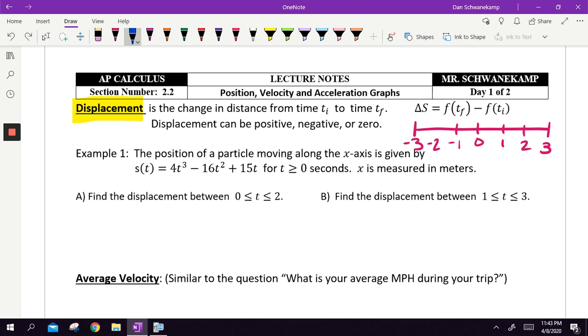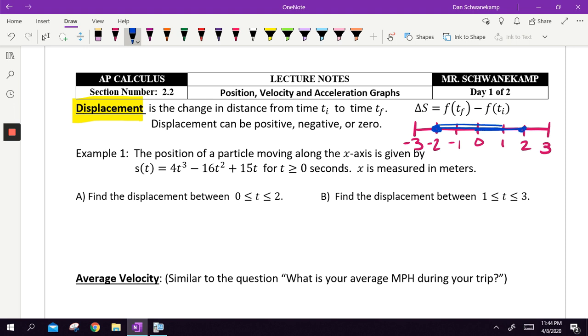Okay, let's try it again. Let's say I started here at -2 and I walked forward to 1. My displacement is 3. I'm going to walk back to 0 and then forward to 2.